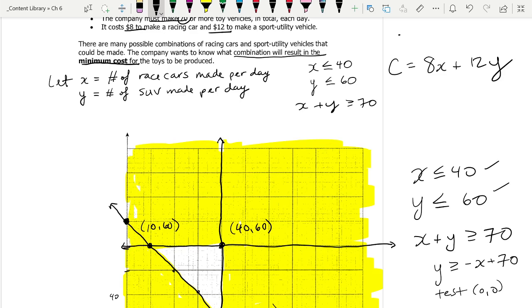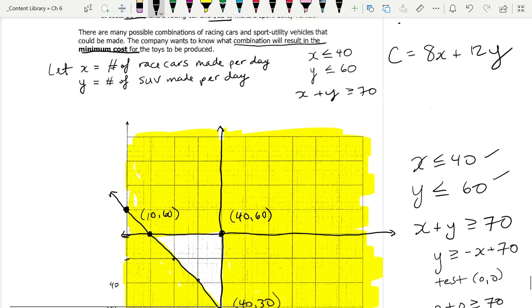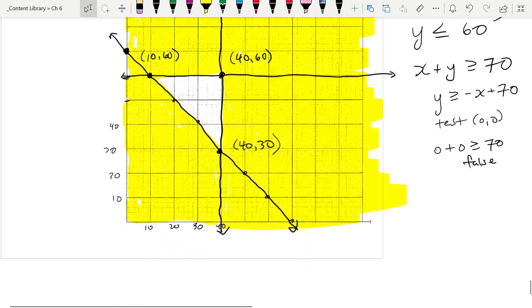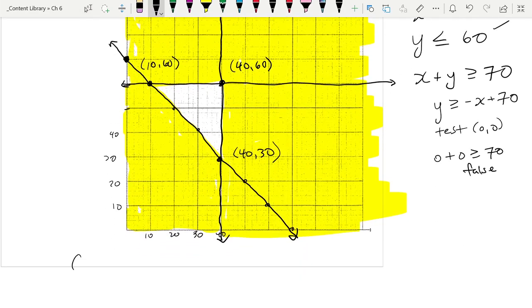I don't want the biggest answer possible. I want the smallest. So let me go back down here to my points that I wrote down. And my cost equation again is 8x plus 12y. And we want to, what's the opposite of maximize?